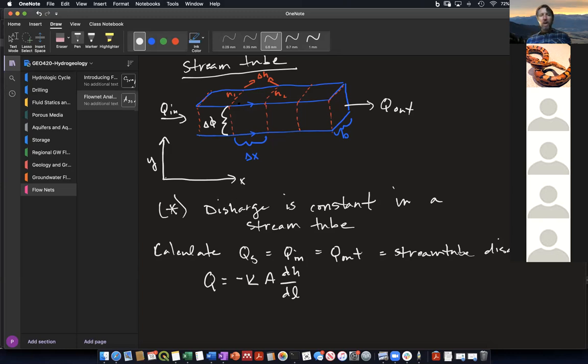So now let's write this for the stream tube. And thank you, Finch, for answering. I was wondering how long I was going to have to wait. Negative K. This is my area here. So what is the area of this face?